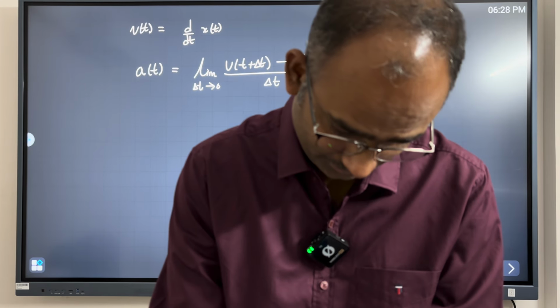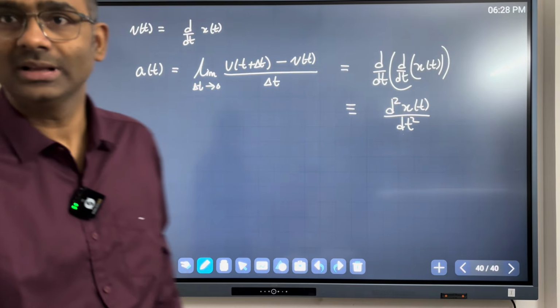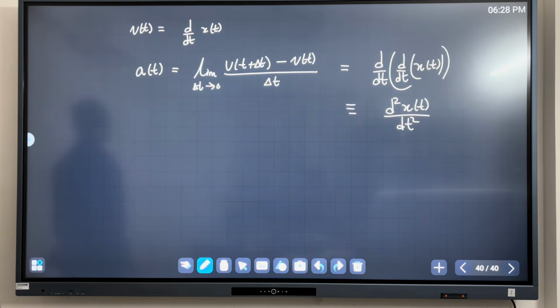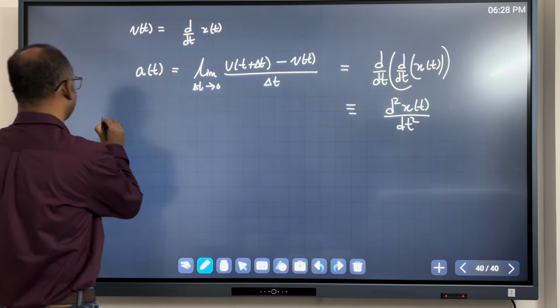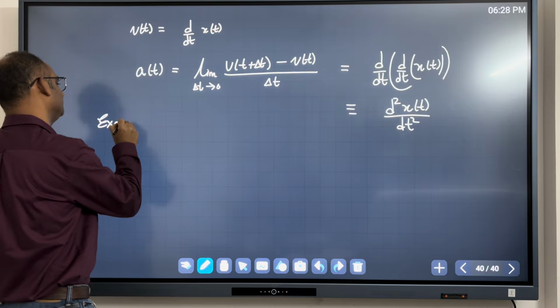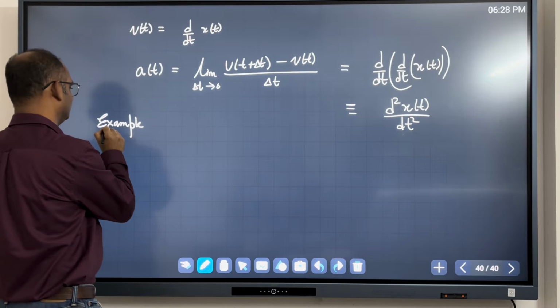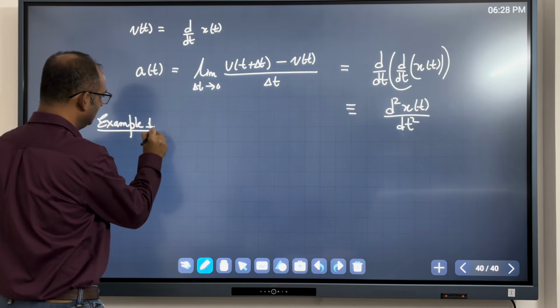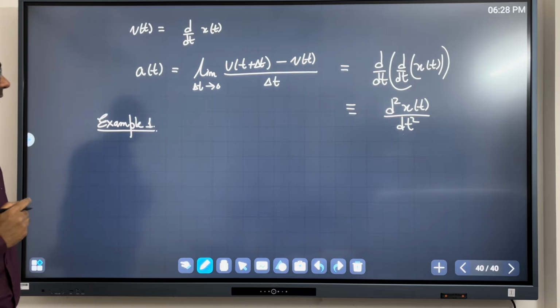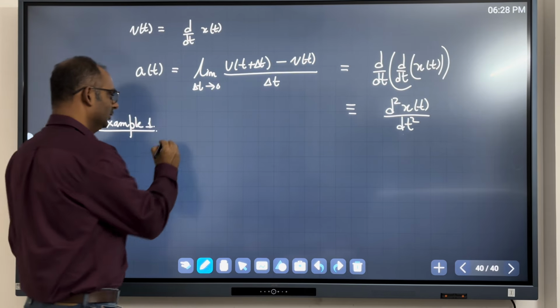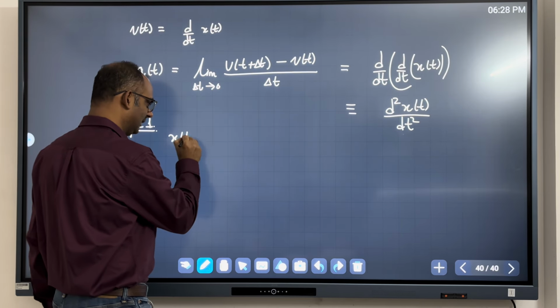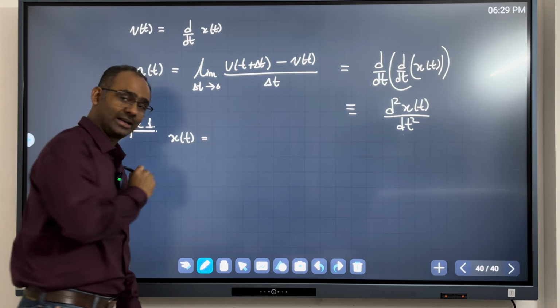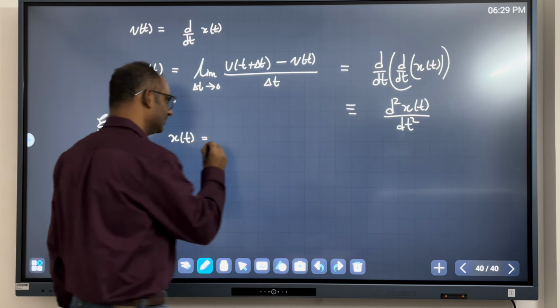So now I'll give you some examples. Let's take this. I'll give you one exercise, you do it and tell me what's the velocity of this object. An object is moving along the x-axis and its position as a function of time is given by this.